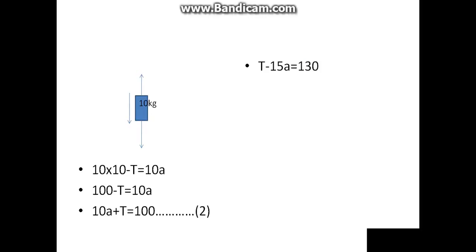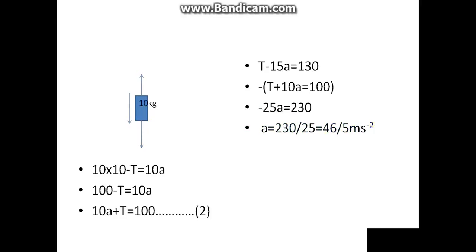Using the elimination method to solve the simultaneous equations, we have T minus 15a is equal to 130, and in brackets minus T plus 10a is equal to 100. We now have minus 25a is equal to 230.